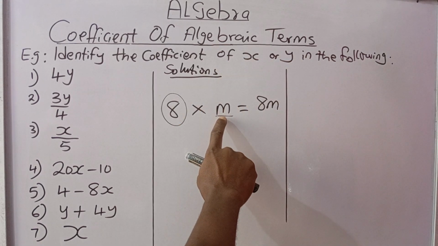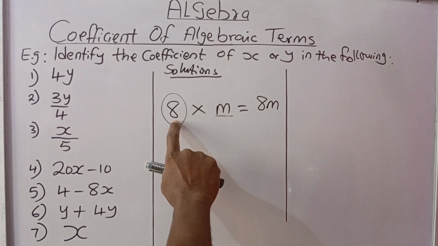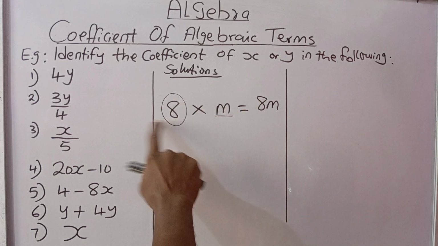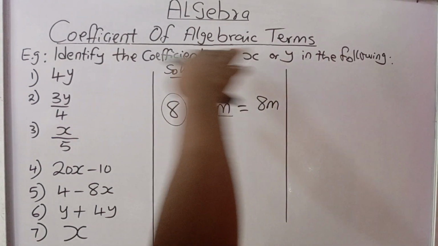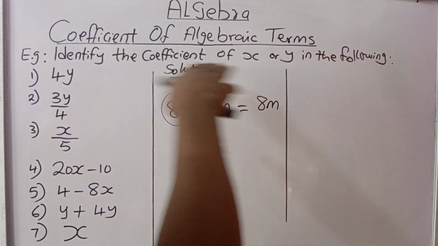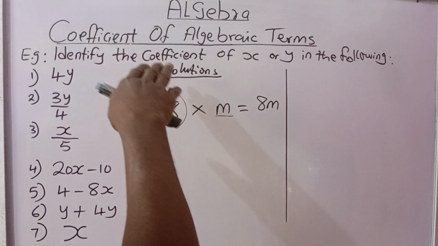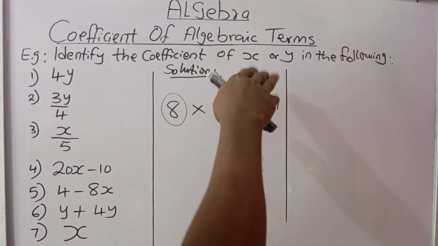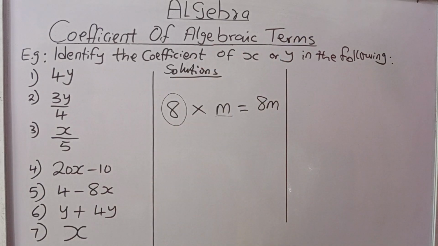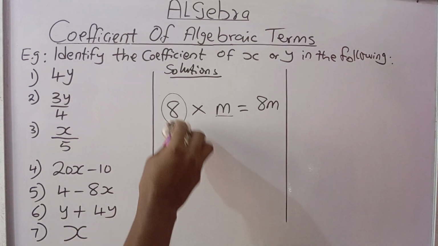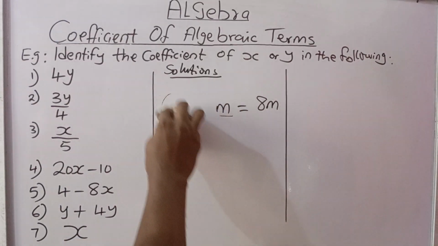In this case now, coefficient of m is 8. Coefficient of 8 is m. But in this example that we are being given, the question says identify the coefficients of either x or y in the following. So let's get our attention towards x and y that has to do with these expressions.